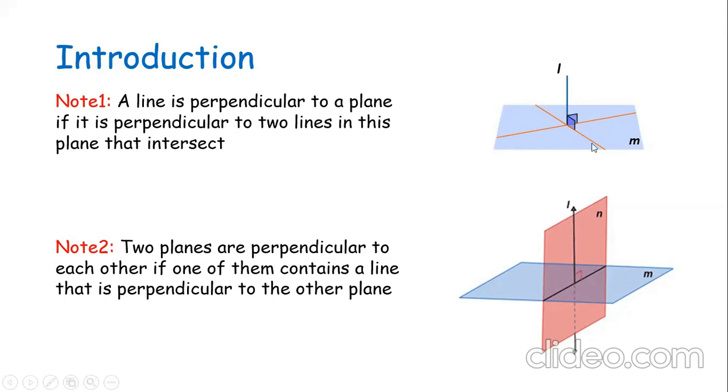According to note 2, this means that any plane that contains the line L is perpendicular to the plane M. And in our case here, we chose this plane, the red one, we called N. This plane contains line L, so it's perpendicular to the plane M. We keep these two notes in mind as we progress to define the right prism.